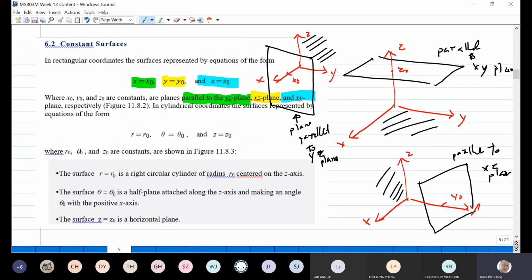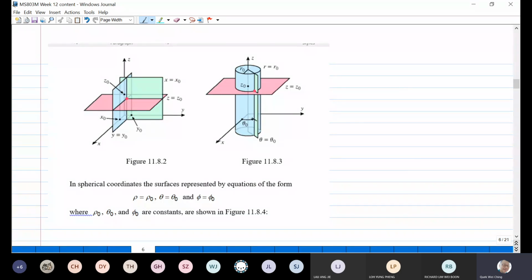Okay. Now, how about the next one? If you use the cylindrical coordinate, I may copy this one again to highlight it to you. Okay, so I'm going on to the next page here, inserting another page.